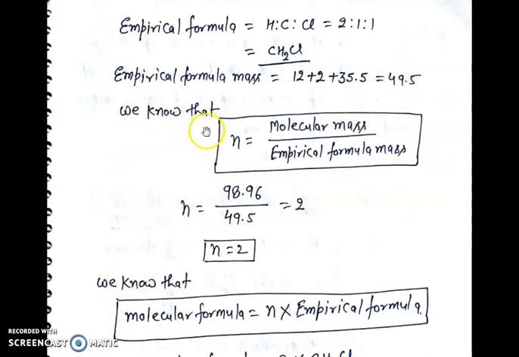We know that N is equal to molecular mass divided by empirical formula mass. N is equal to the molecular mass which is given in the question, 98.96, divided by empirical formula mass, that is 49.5, and we get the value of N is 2.